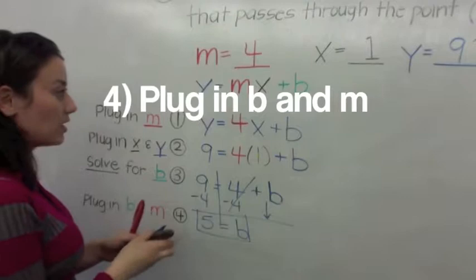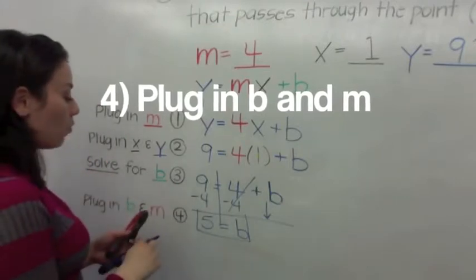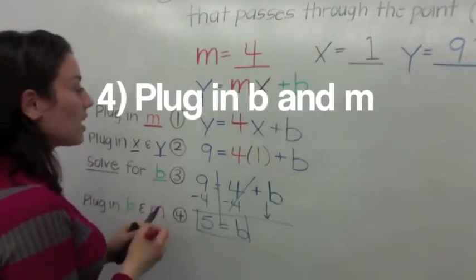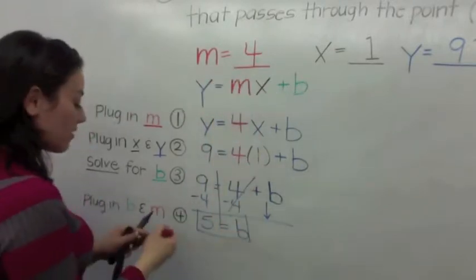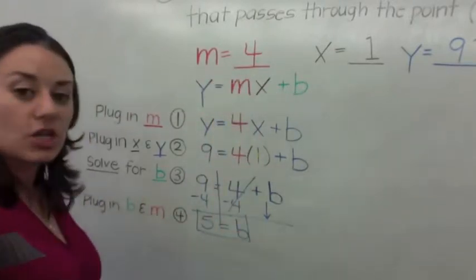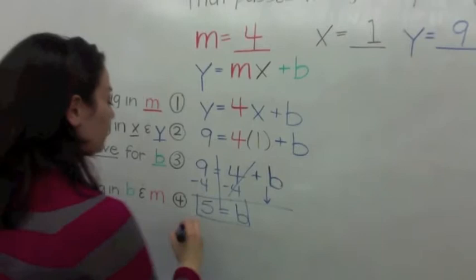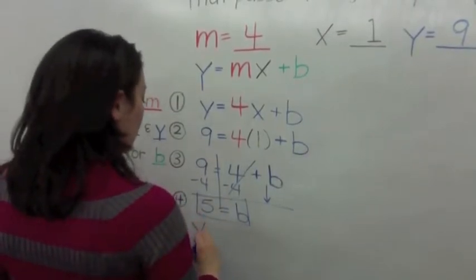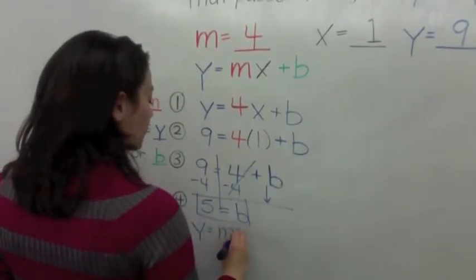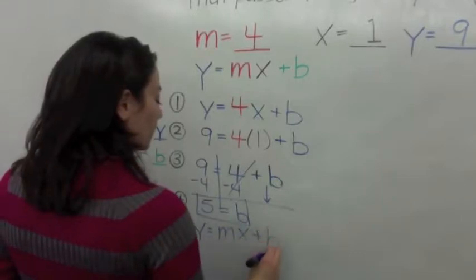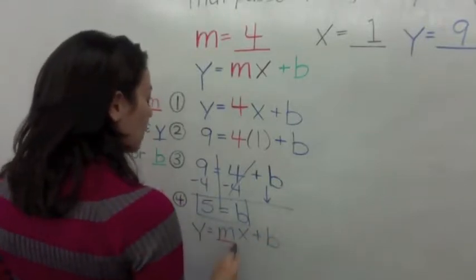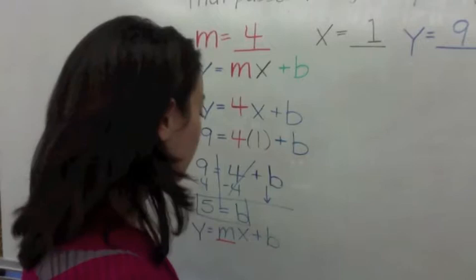Okay, so let's go ahead and talk about what b and m are. You know that m is 4 and b is 5. Well, you have to use the equation, yo mama's ex-boyfriend. So you say y equals mx plus b. We're going to plug in m and we're going to plug in b.